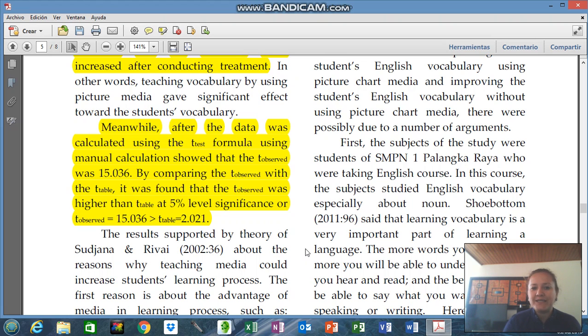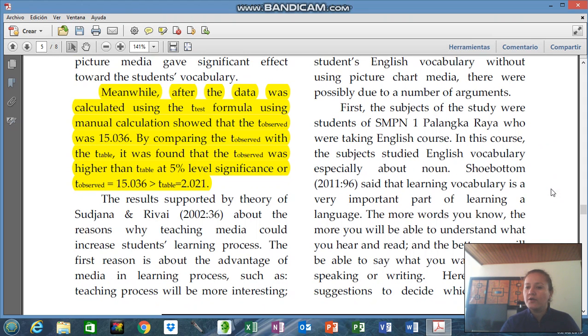By comparing the T observed with the T table, it was found that the T observed was higher than the T table at the 5% level of significance, the T observed 15, the T table equals 2. So we had an increment in the learning of the students, and we could know all this by applying all the methods in quantitative research.